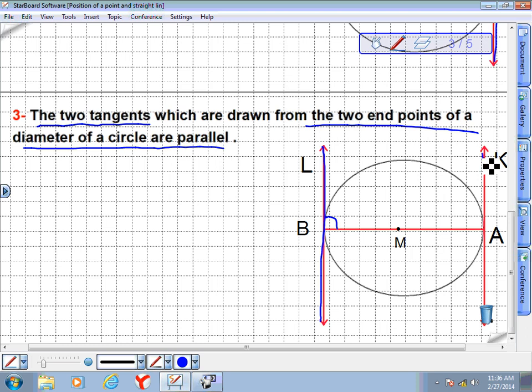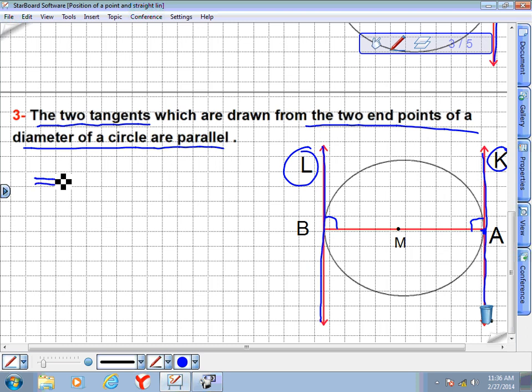Also, we have another straight line K perpendicular at the point A, which is the point of tangency with the diameter AB. What is the relation between the two straight lines L and K? We will find that the two straight lines L and K are parallel.